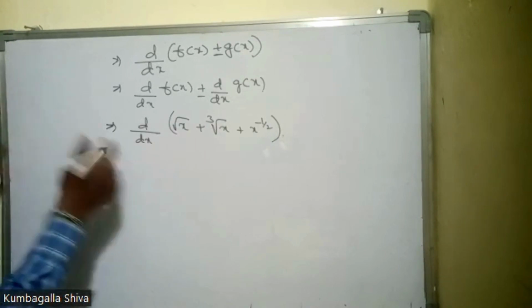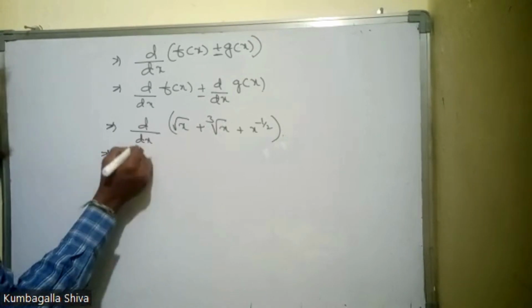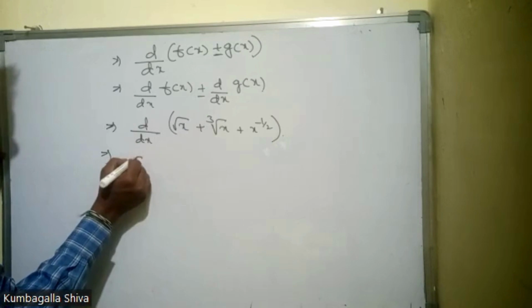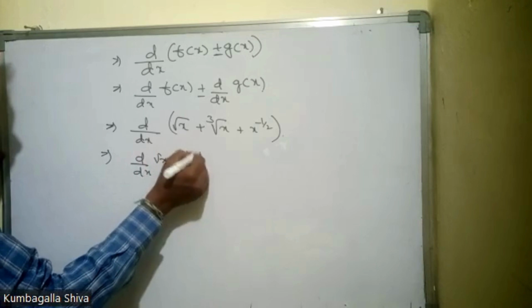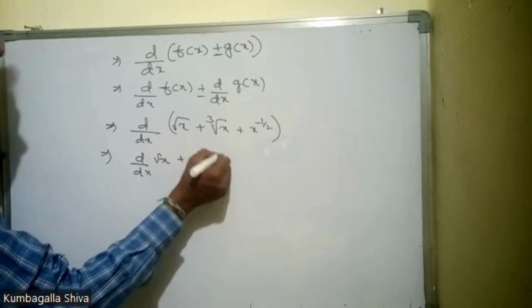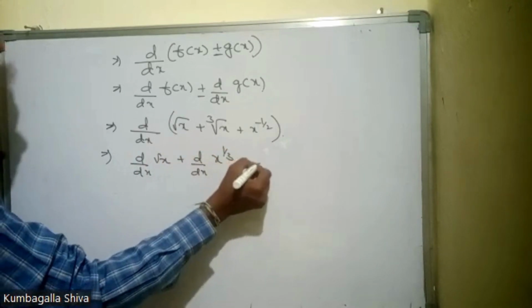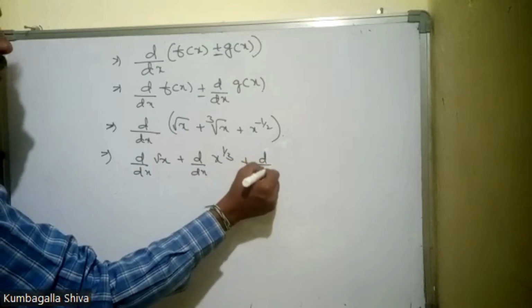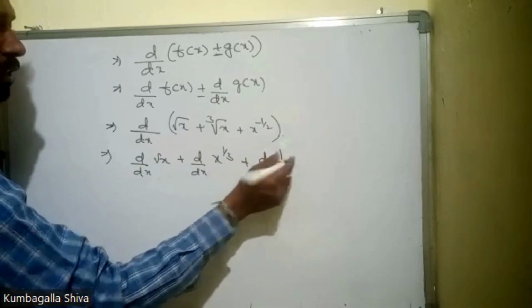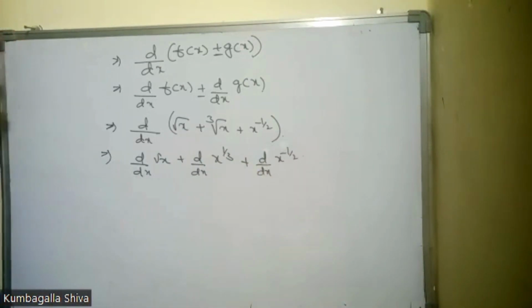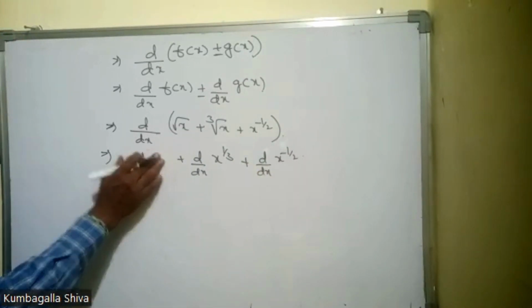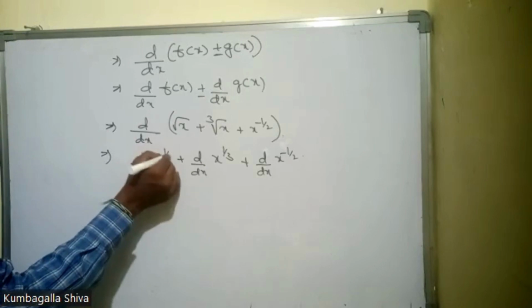Generally you do like this: d by dx of root x plus d by dx of x power 1 by 3 plus d by dx of 1 by root x, that is x power minus 1 by 2. Root x also can be written as x power 1 by 2.